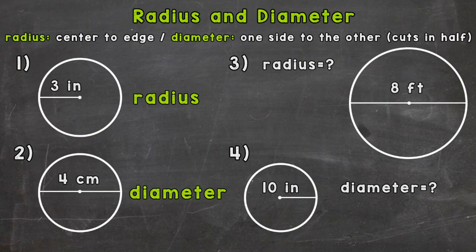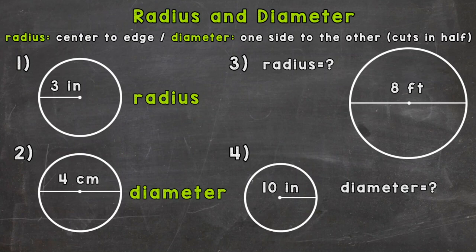So let's hop right into number 1 here and talk a little bit more about radius. The radius is the distance from the center of the circle to the edge. So for number 1 there, we have an example. The radius, or distance from the center to the edge, is 3 inches. And the radius is the center to any point around the edge of the circle.